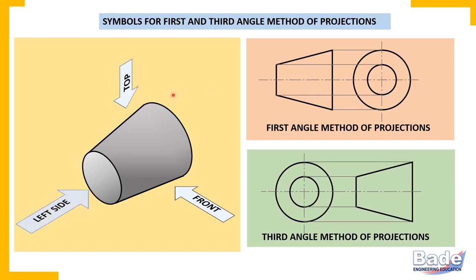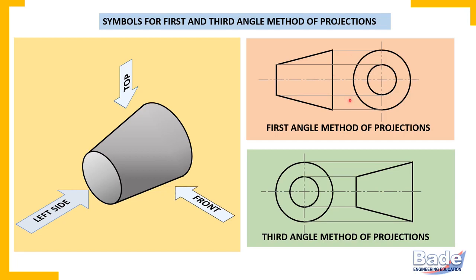Top view is not drawn here, but this is the left side. So from the left side, the smaller circle is visible. And of course, the larger circle is at the boundary, so it is visible. So the smaller circular end and the larger circular edge both are visible from the left.